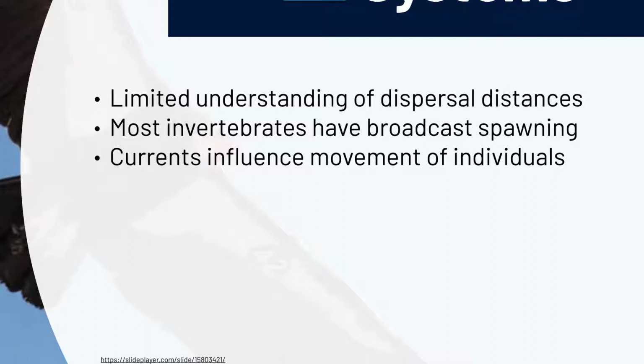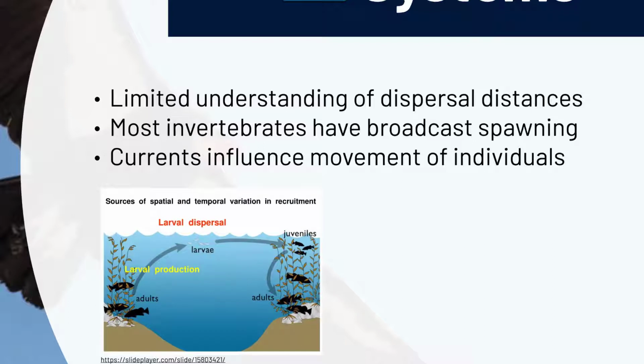And the currents are going to largely influence the movement of individuals. So sources of spatial and temporal variation in recruitment are going to be large, in that you'll have this larval production that occurs.